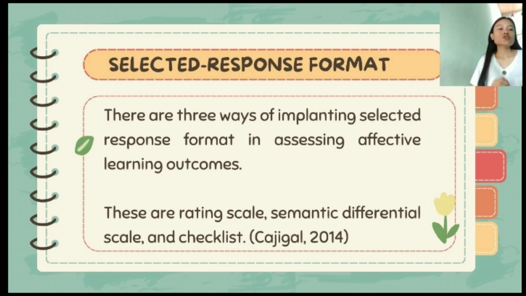When using a checklist, of course, it keeps the measure focused on specific affect, and also it establishes trust with the student. It also keeps the questions brief, and lastly, it keeps the items simple and short.